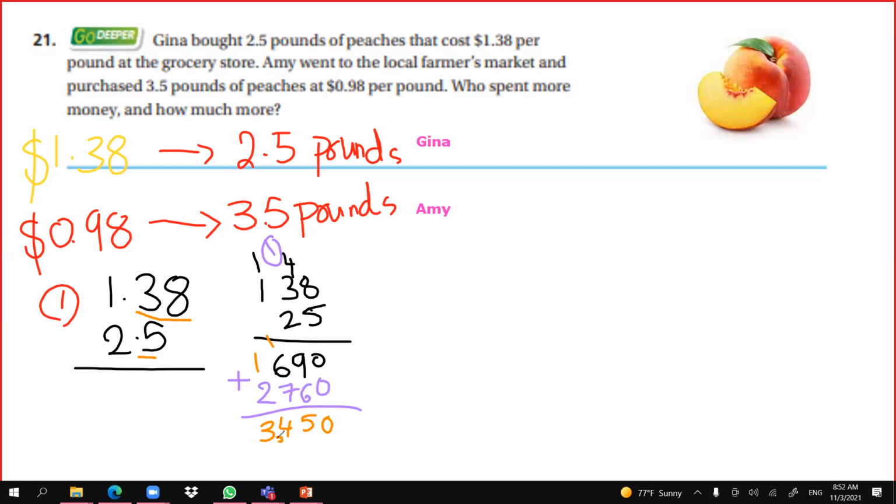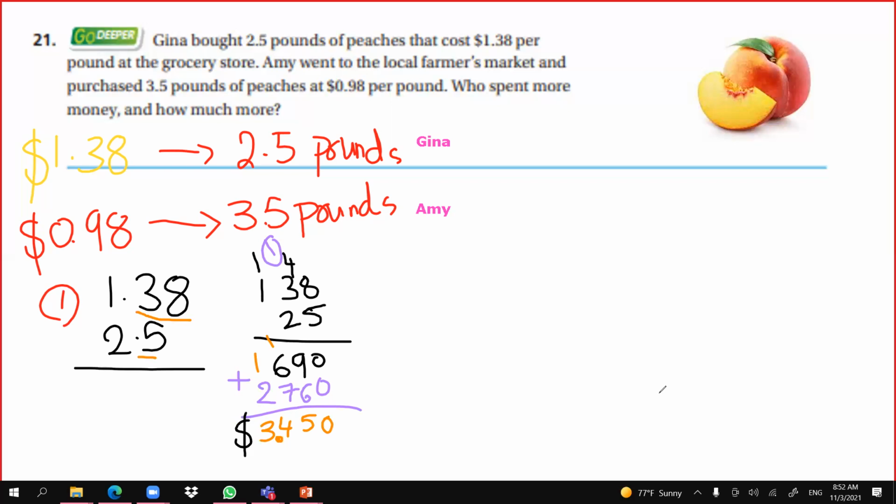Bravo. So now Gina pays $3.450 for the basket of peaches that she bought.